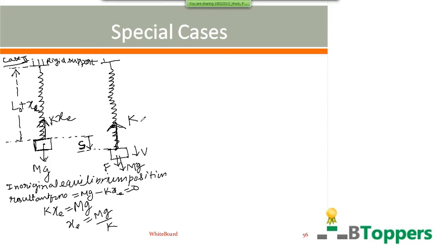Here the elongation of the spring from natural length in the second figure, xf, equals xe plus s. xi is the initial elongation of the spring in the original equilibrium position of the block, denoted xe. The constant force F is applied on the block vertically downwards when it is initially at rest in the original equilibrium position.